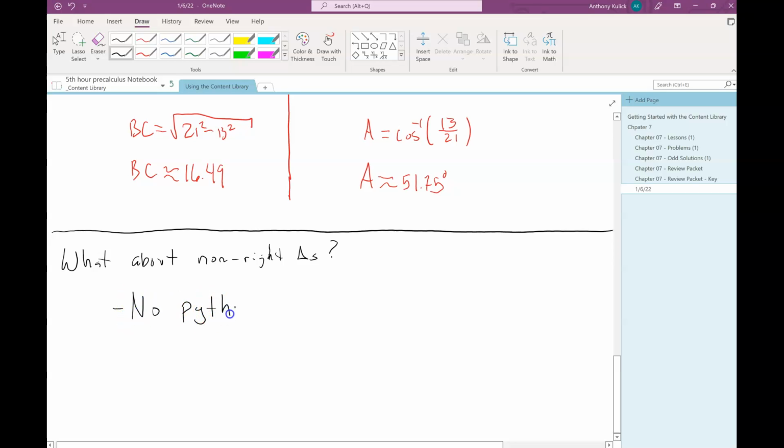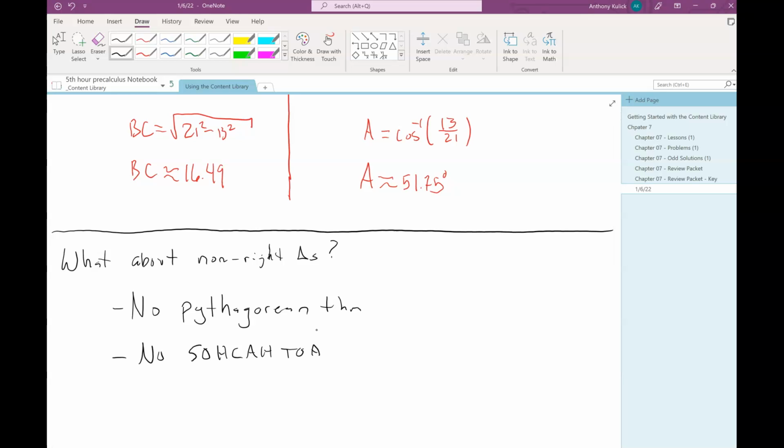In a non-right triangle, we have no Pythagorean theorem, and we have no SOHCAHTOA. So we're going to need some new tools then to replace these guys, right? There's no other way around it. We've got to develop something new.